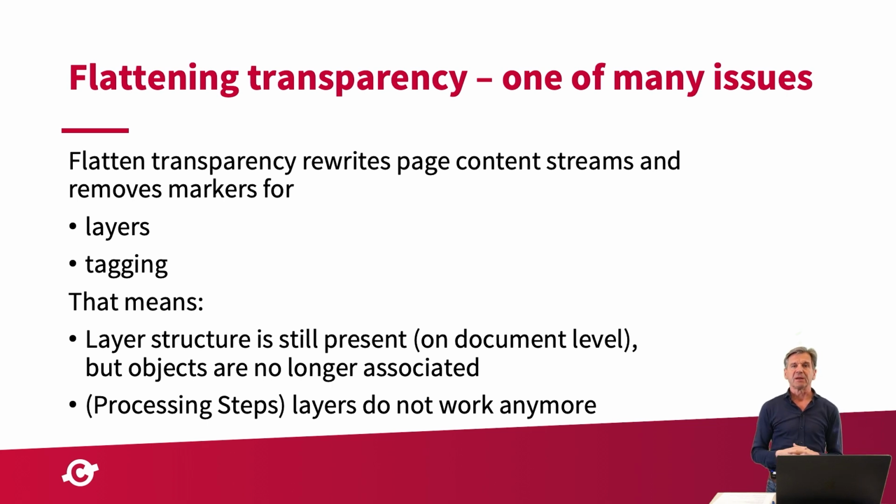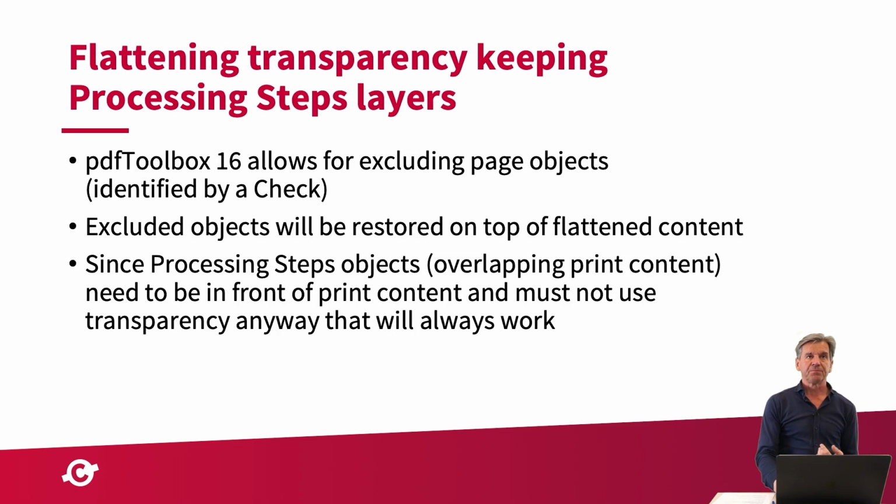So what's happening in the result is you still have the layer structure in the PDF file, but the objects are no longer associated with any of the layers, so their visibility cannot be changed anymore. In pdfToolbox 16, you now have the ability to exclude page objects from transparency flattening.